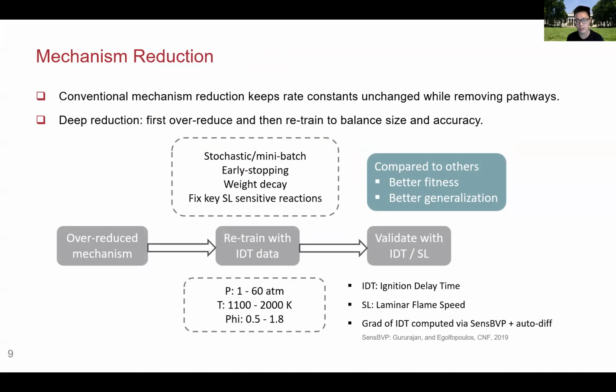Using a 2-stage process, we first overly reduce the mechanism, and then we retrain the mechanism to balance the size and accuracy using ignition data. The training essentially uses differentiable programming with stochastic gradient descent.